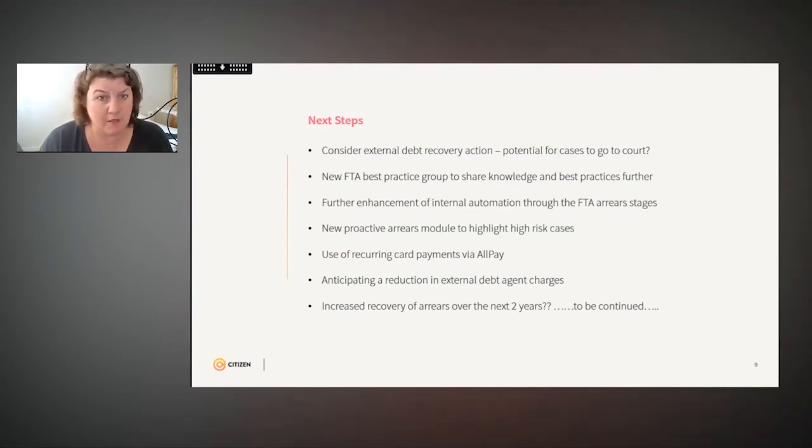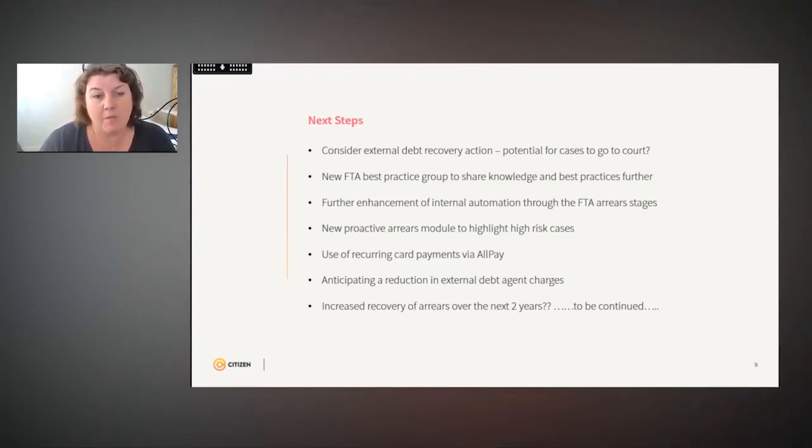There's a new best practice former tenant arrears group that we attended recently with 13 group, and the intention is to meet on a quarterly basis to share what we've made work, what we've tried, and perhaps what we don't want to make work going forward. And so it's that best practice group and things like that that will enable us to share ideas and embed them in our process going forward.